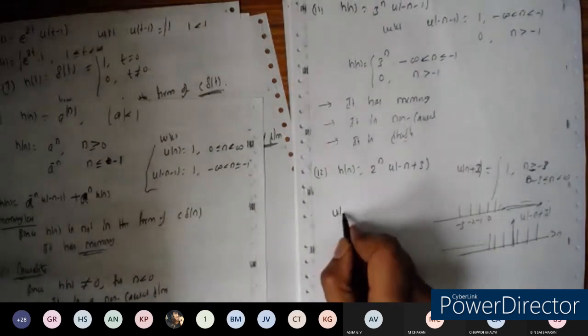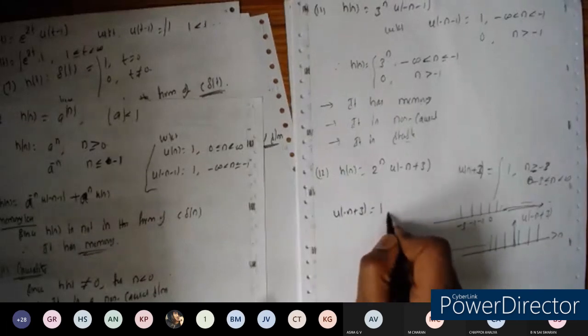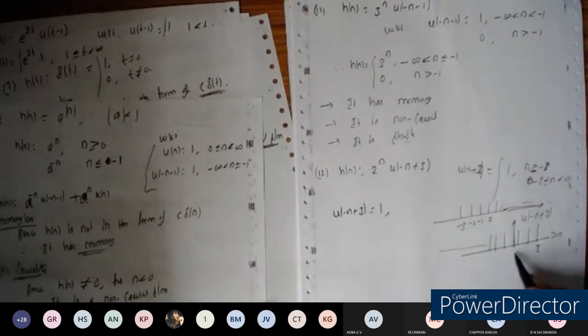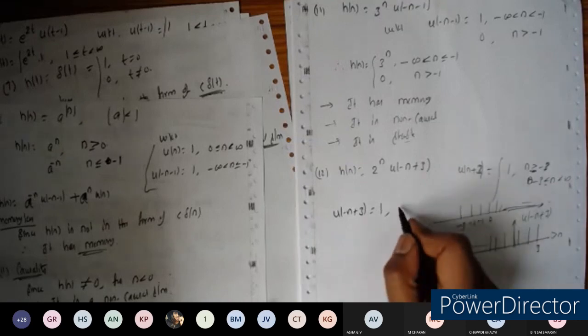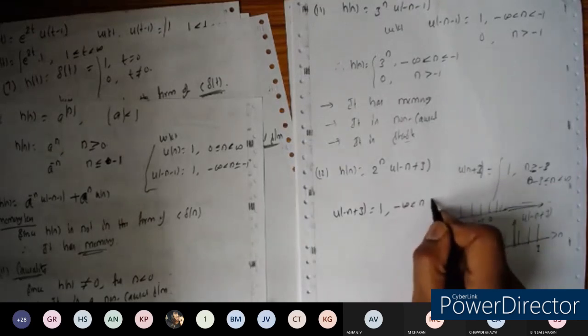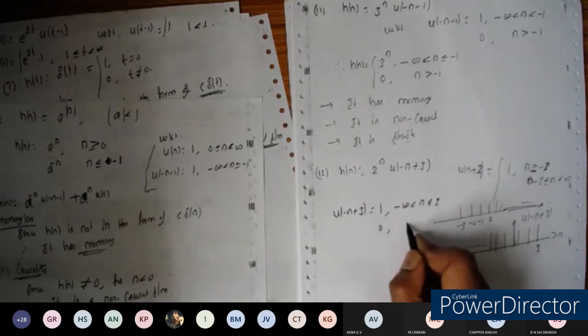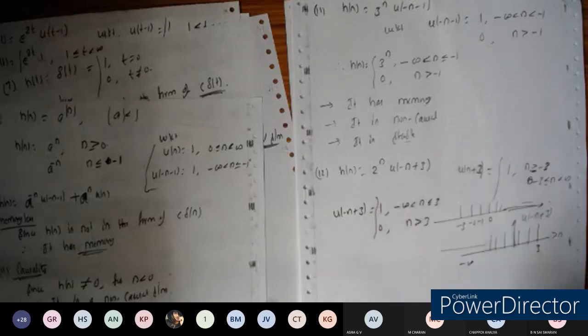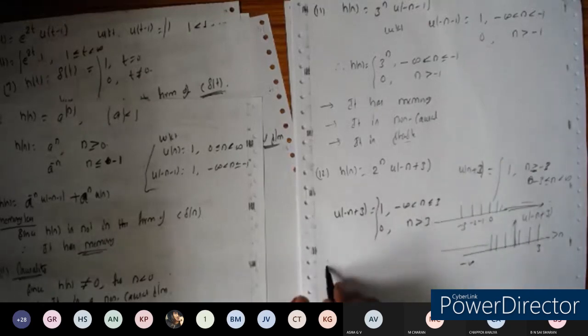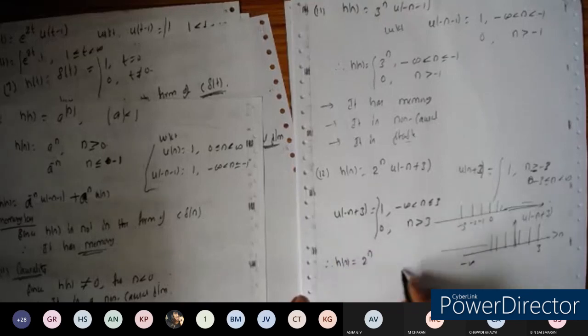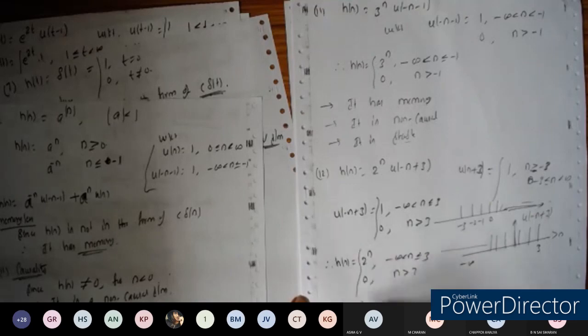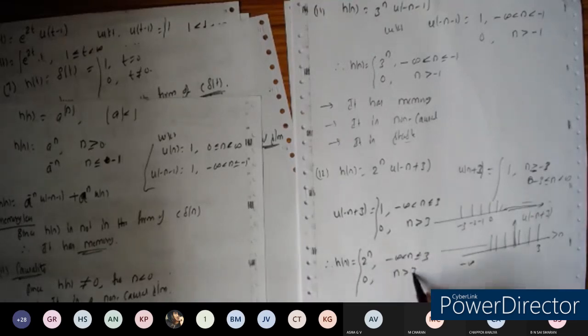So u of minus n plus 3 is equal to 1 from 3 down to minus infinity, that is, for minus infinity less than n less than or equal to 3, and 0 for n greater than 3. Therefore, h of n is equal to 2 to the power of n for minus infinity less than n less than or equal to 3, and 0 for n greater than 3.